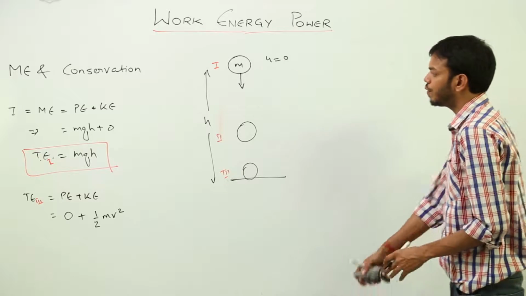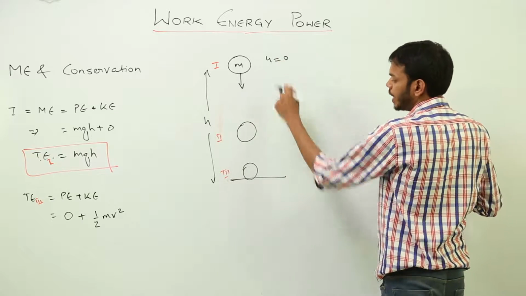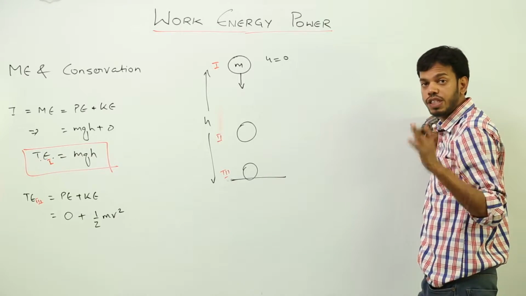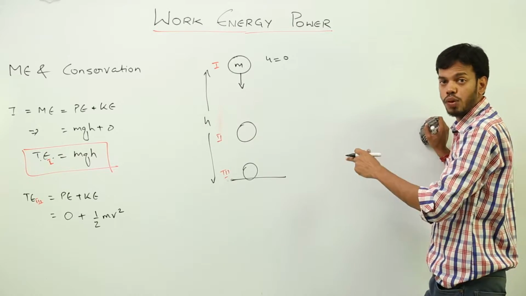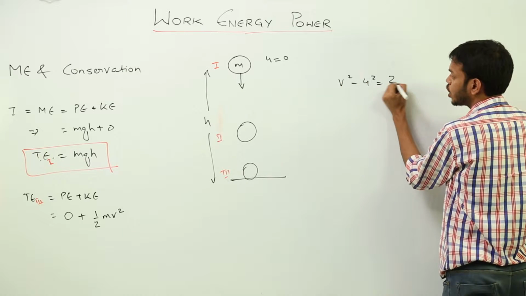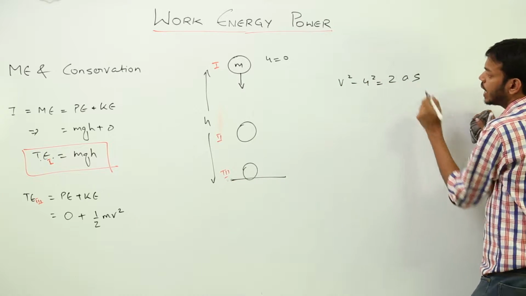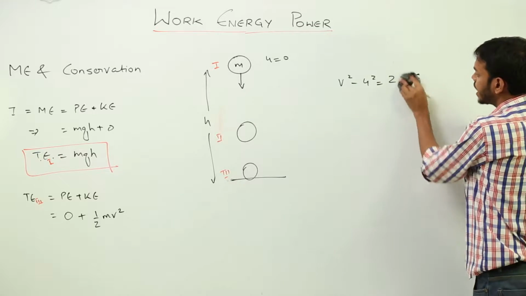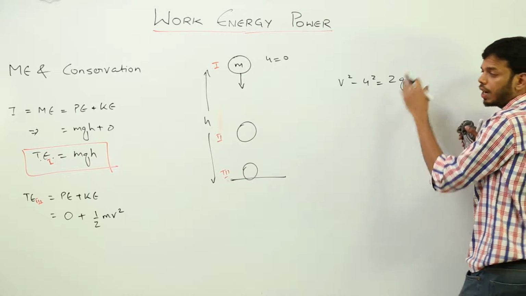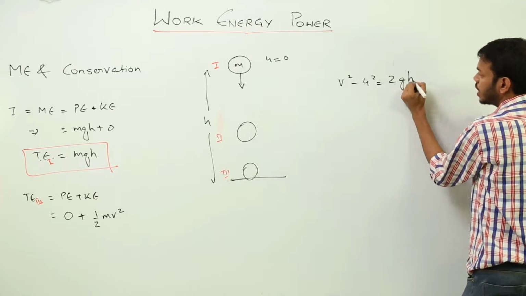Let's find the value of v square in rough. The body has covered a distance h, and acceleration due to gravity is positive g because the body is falling vertically downwards. So we use the third equation of motion, v square minus u square equals 2as, where a is g and s is the displacement h.